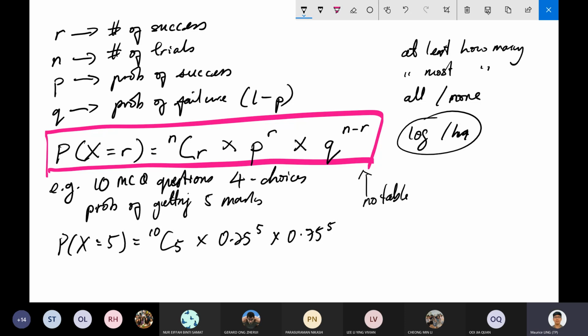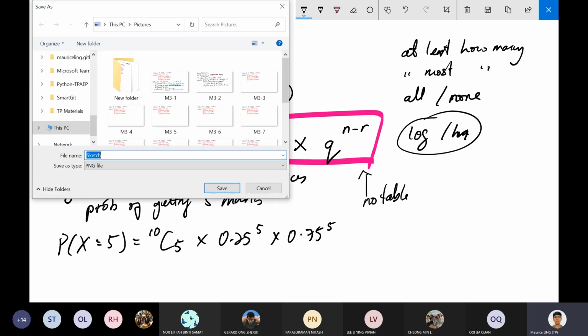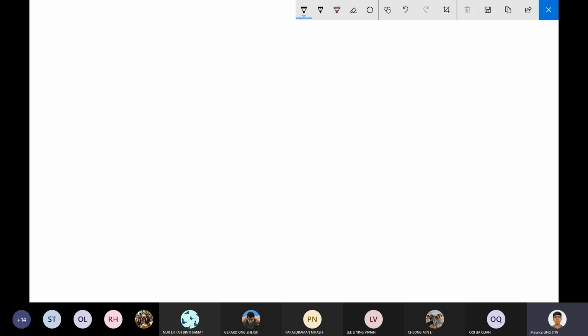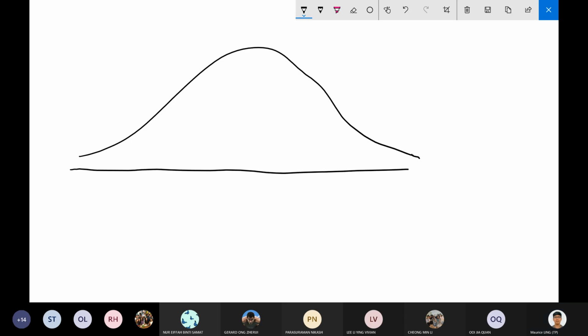Now normal distribution is quite different. For normal distribution, it works this way. Normal distribution actually is a curve in itself. So let's just say that if things are normally distributed, you have your x-axis.